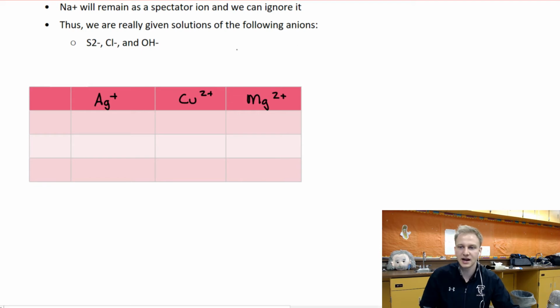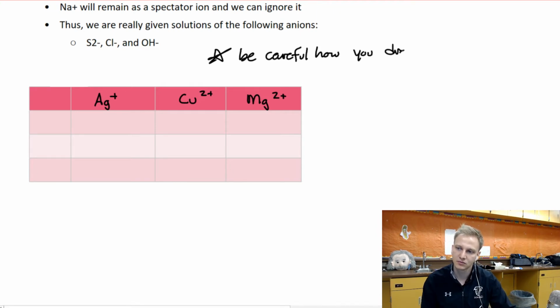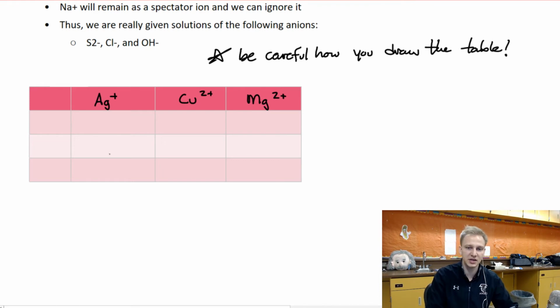And one of the things that I always tell my students is be careful how you draw the table, because it might influence how you actually go about reading the information. So these are the three things that we have. And then what we're going to add in is that S2-, the Cl-, and the OH-.